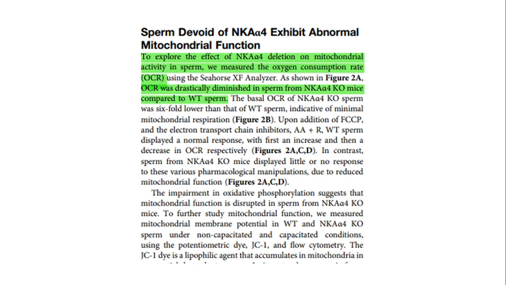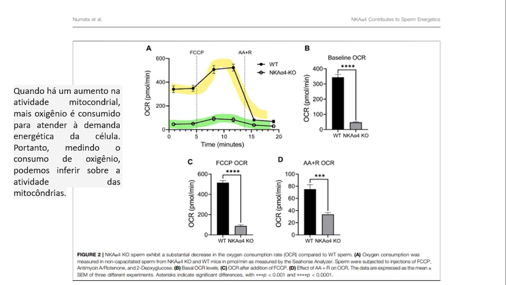Also, they measured mitochondrial function, as I said before. They measure this function by OCR, which is oxygen consumption rate. Mitochondria basically consume oxygen to meet the energetic demand, so it's necessary to have oxygen there.